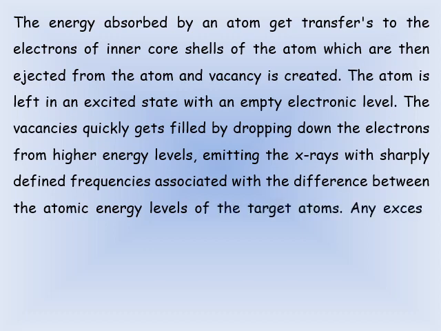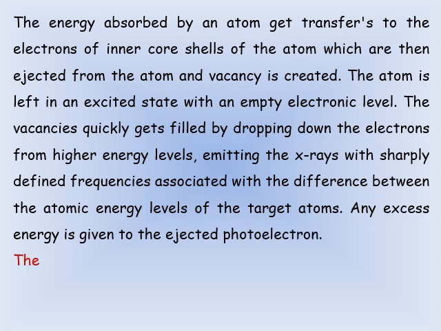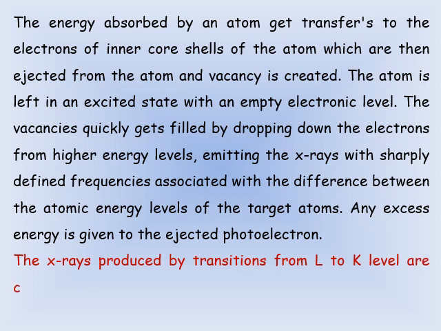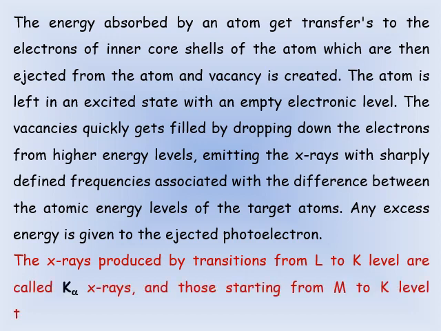Any excess energy is given to the ejected photoelectron. The X-rays produced by transitions from L to K level are called K-alpha X-rays, and those from M to K level transitions are called K-beta X-rays.